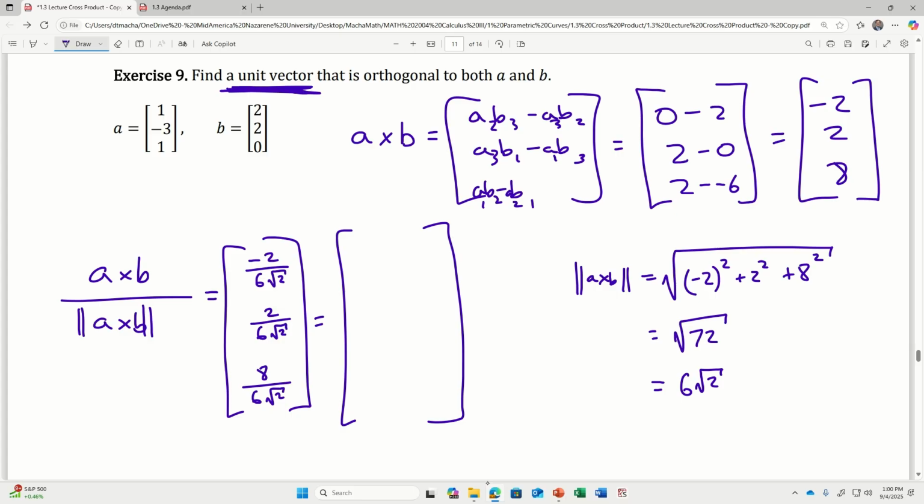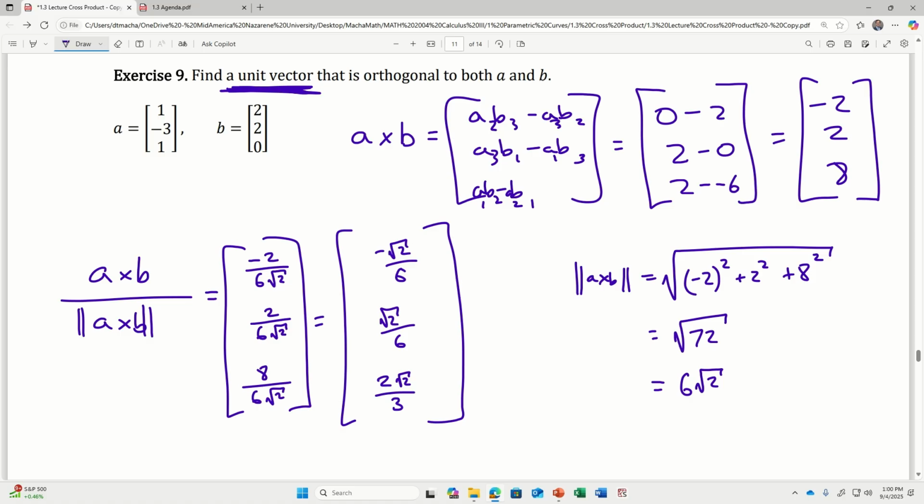So it'd be like negative square root 2 over 6, positive square root 2 over 6, and then that's going to be 4 over 6 times square root of 2, so it's going to be 2/3 square root of 2. Okay, so that is a unit vector that's orthogonal to A and B.